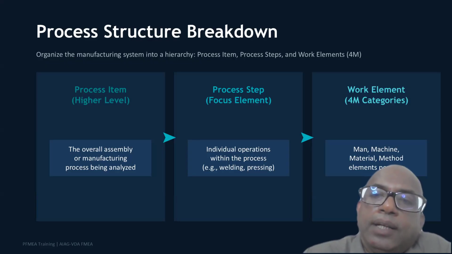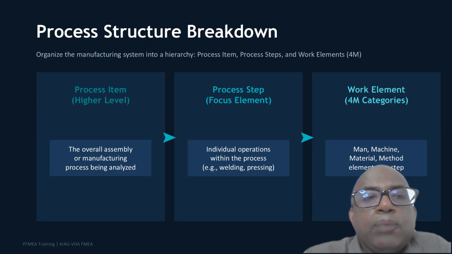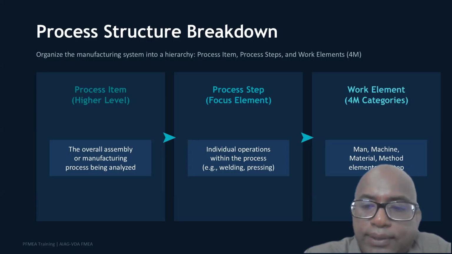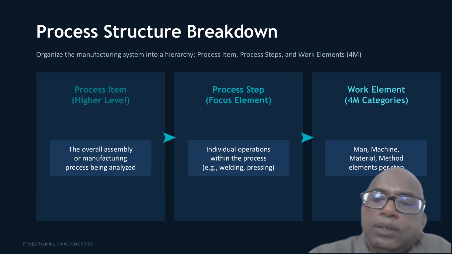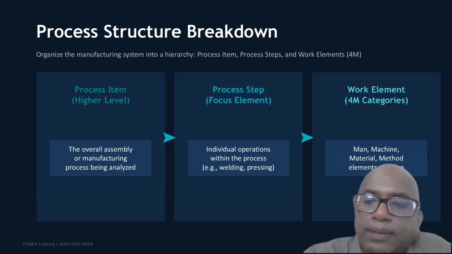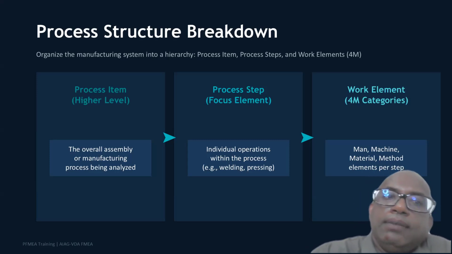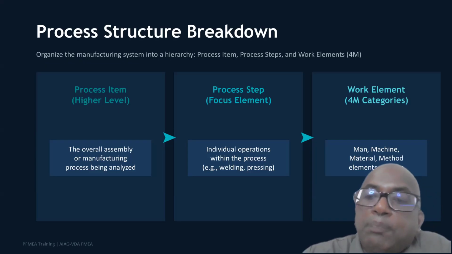The first one is the process item, the higher level first. That is the overall assembly or manufacturing process being analyzed. This is the overall aspect, a high-level approach. Then the process step.